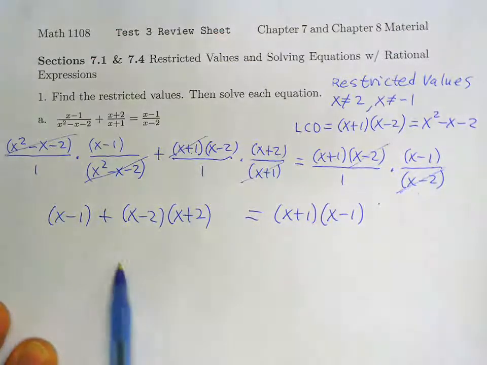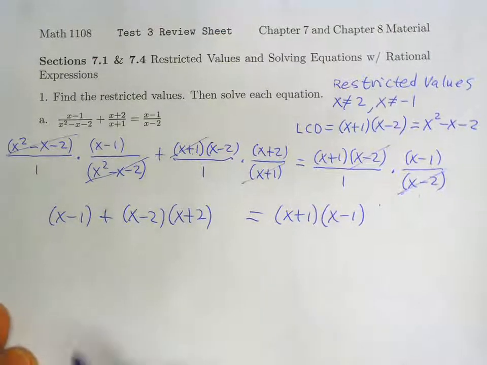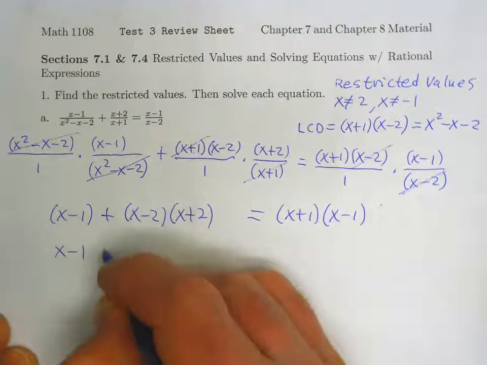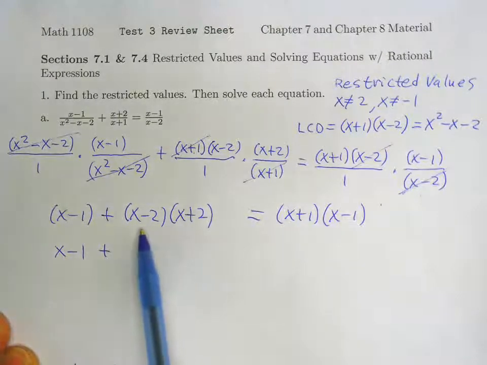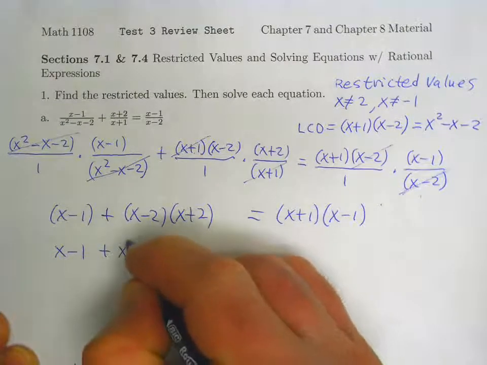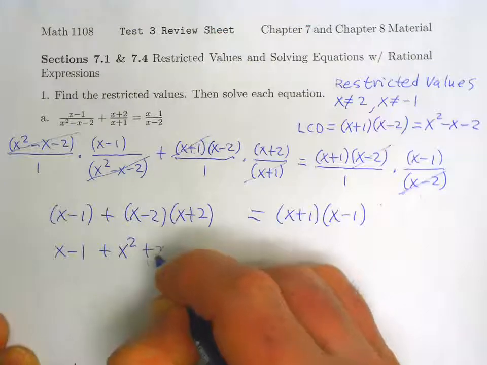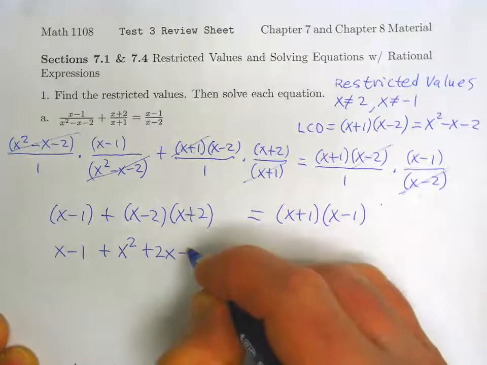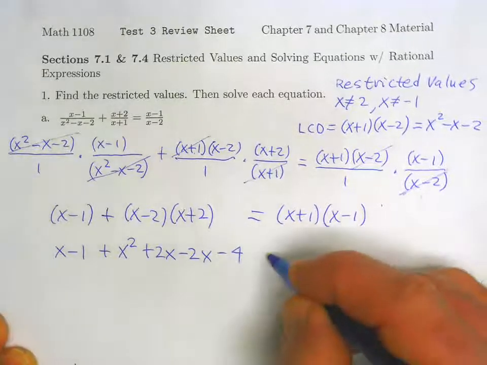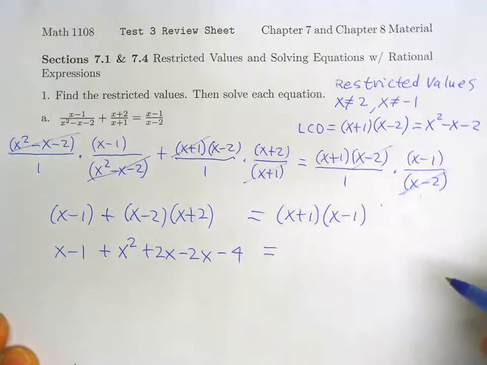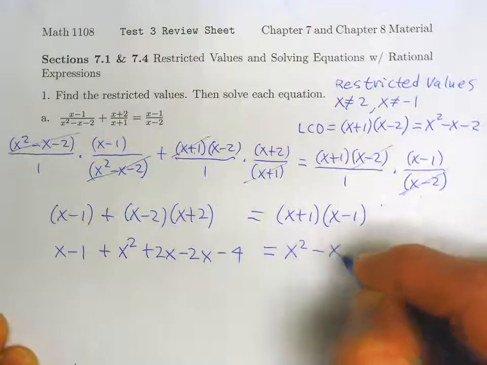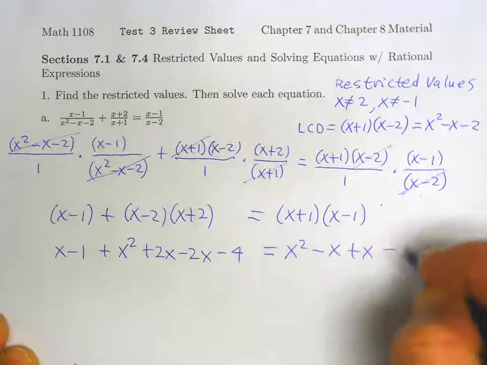Now we just do a little bit of algebra and arithmetic. On the left-hand side, we have x minus 1. And then when we multiply x minus 2 times x plus 2, we get x to the second plus 2x, and then minus 2x and minus 4. On the right-hand side, x plus 1 times x minus 1 is x to the second minus x plus x minus 1.